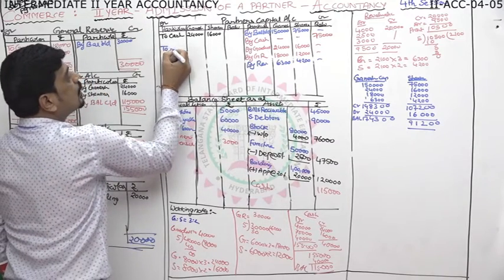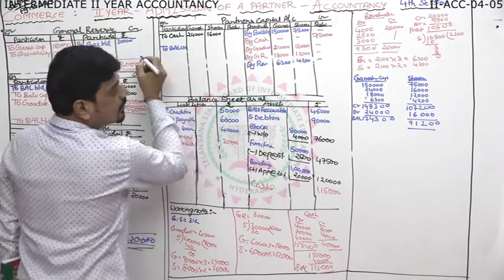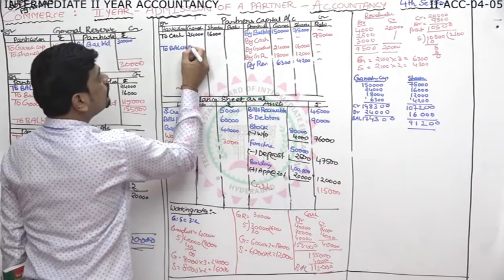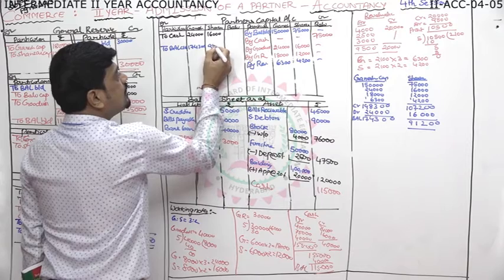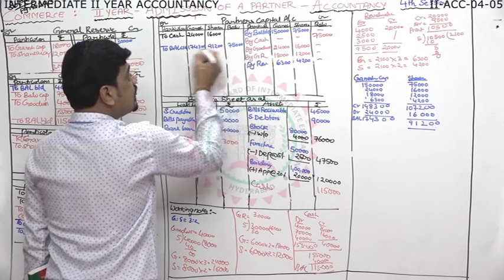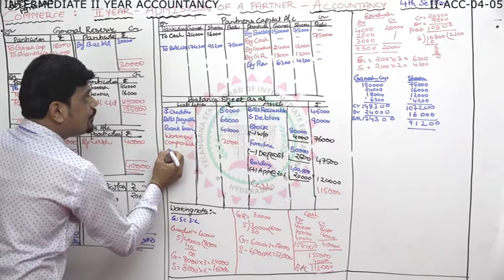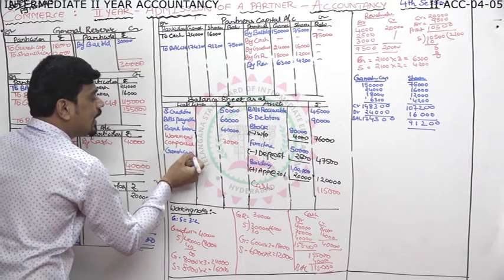So here, to balance carried down carefully, 1,74,300, 91,200 and 75,000. Dear students, this balance should be posted in the balance sheet. So new Ganesh capital, don't write the total.